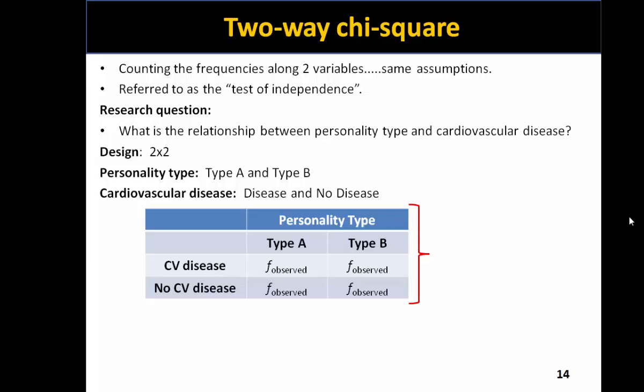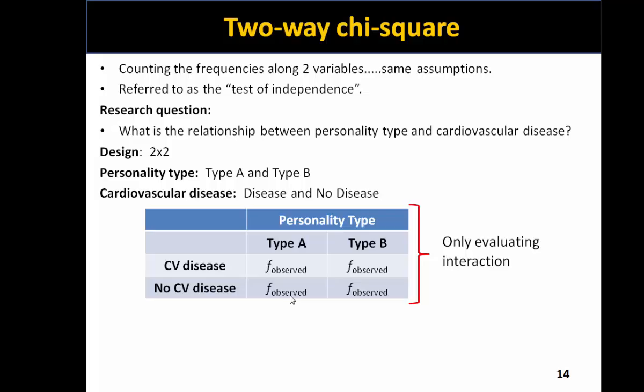In the table here, we see that the two independent variables are indicated: personality type with the two levels, type A and B, and the other independent variable with two categories, cardiovascular disease and no cardiovascular disease. And we have a number of observations within each of these cells.